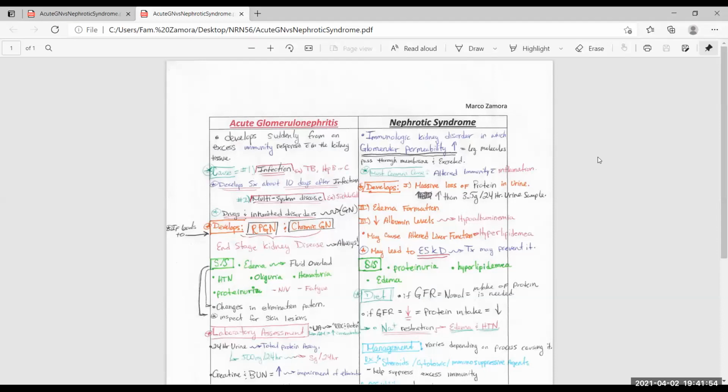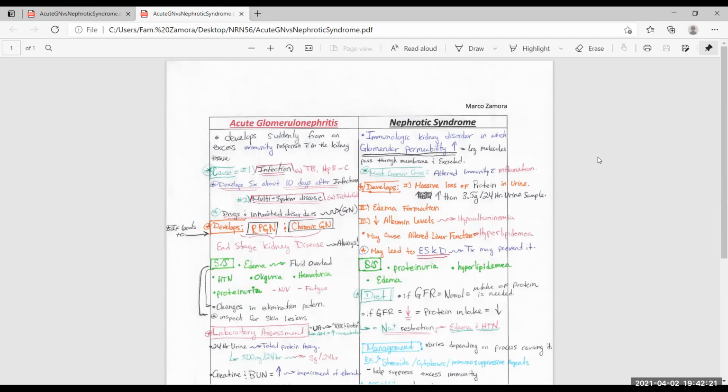It's greater than 3.5 grams per hour in a 24-hour urine sample. We'll have some edema formation, decreased albumin levels, or hypoalbuminemia. Iggy said it may cause altered liver function, but it sounds like we're going to stick to it. It does cause altered liver function.